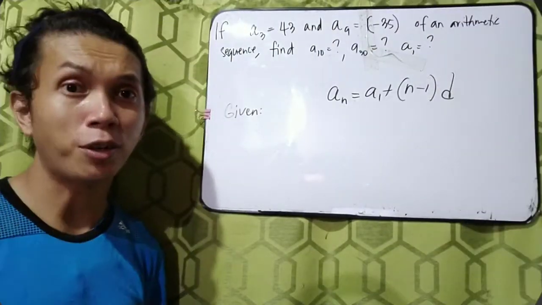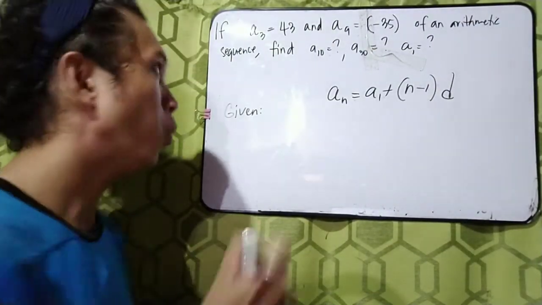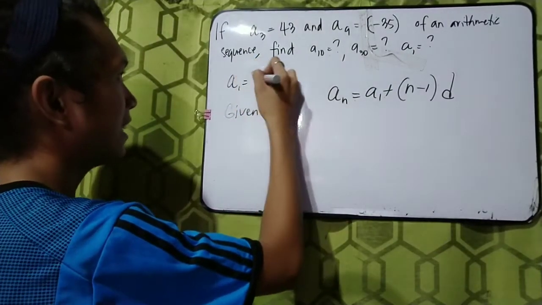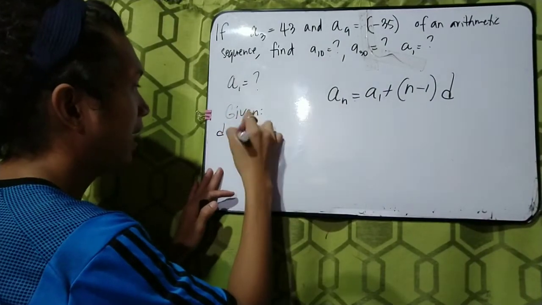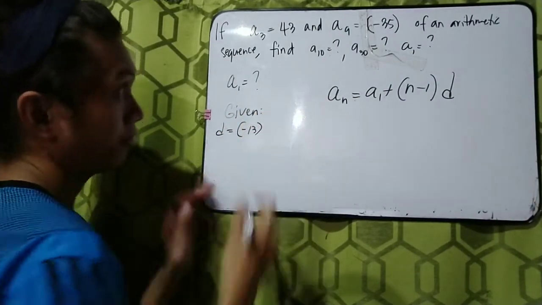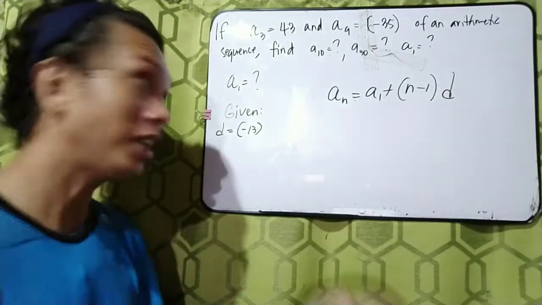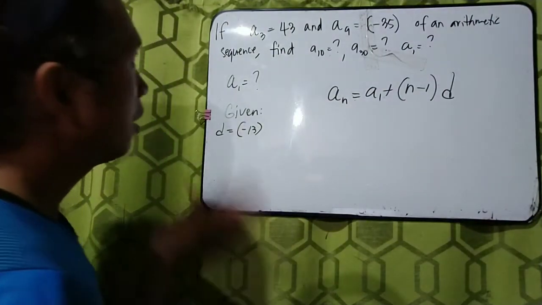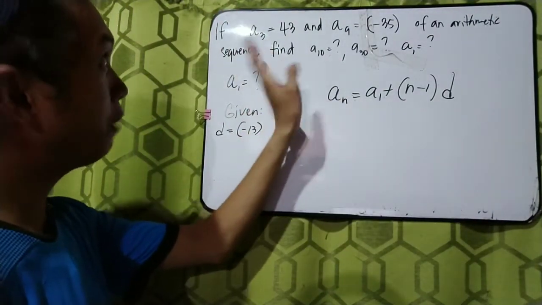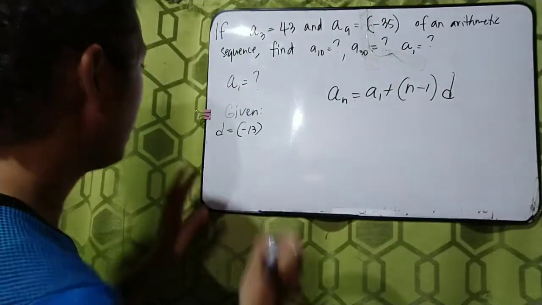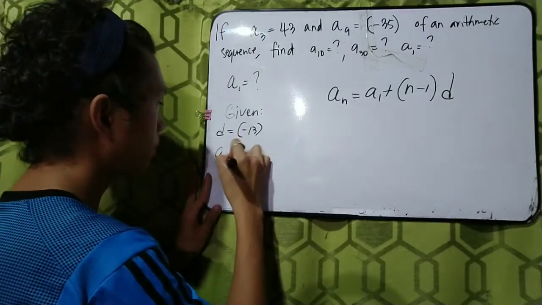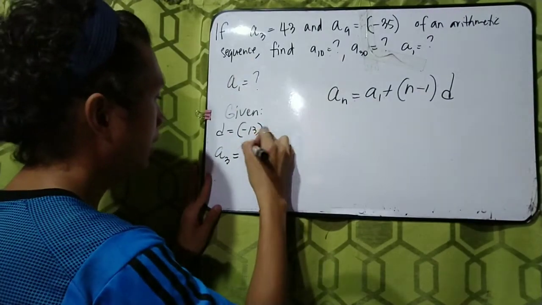So now let us solve for a sub 1, or the first term. Still the given is negative 13, our common difference, that we have solved a while ago. And then we can choose a sub 3. We will use a sub 3 or a sub 9. So we will just use a sub 3, 43.